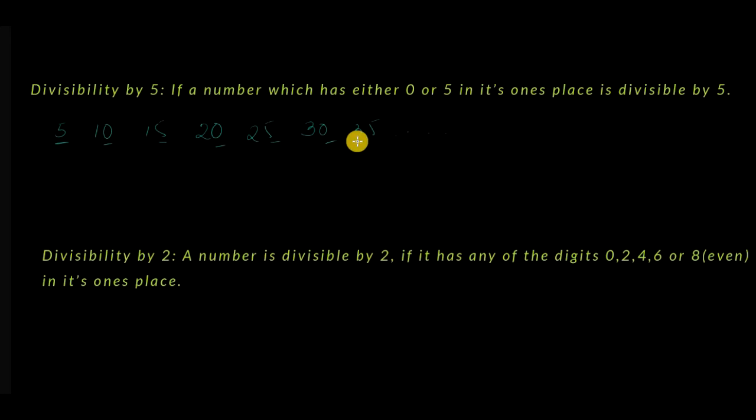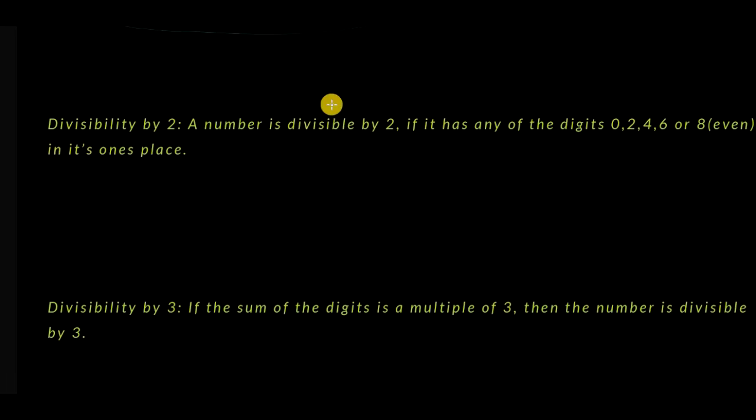Since these numbers are multiples of 5, they are divisible by 5, and they end with 0 or 5. So on the ones place we need to have 0 or 5. So here is the definition: if a number has either 0 or 5 in its ones place, it is divisible by 5. It was very easy. Let's move on.